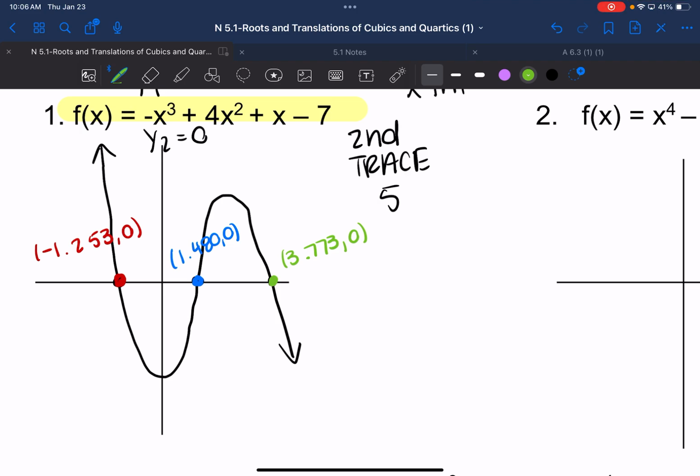Whichever one you find first, you're going to go over to it. So yeah, you want to find that one first?